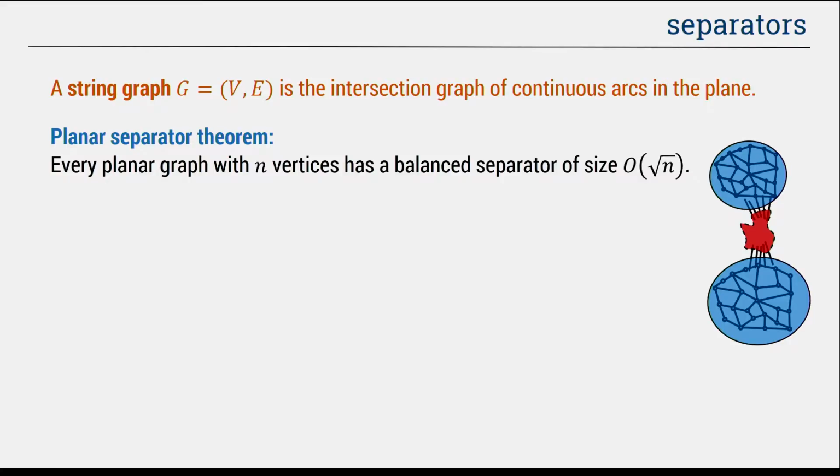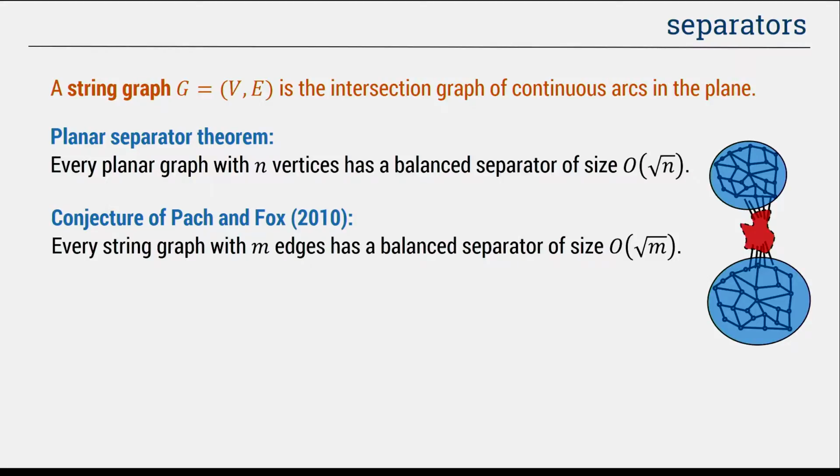So if you wanted to generalize this, for instance, to string graphs, and I'll tell you where it came from in a second, you see that there's a problem because, well, the complete graph is a string graph. Obviously, it doesn't have a balanced separator of size smaller than linear because it doesn't have any non-trivial separators. But Janos Pach and Jacob Fox made a very nice conjecture that all string graphs should have balanced separators, but now the size of the separators in terms of the number of edges.